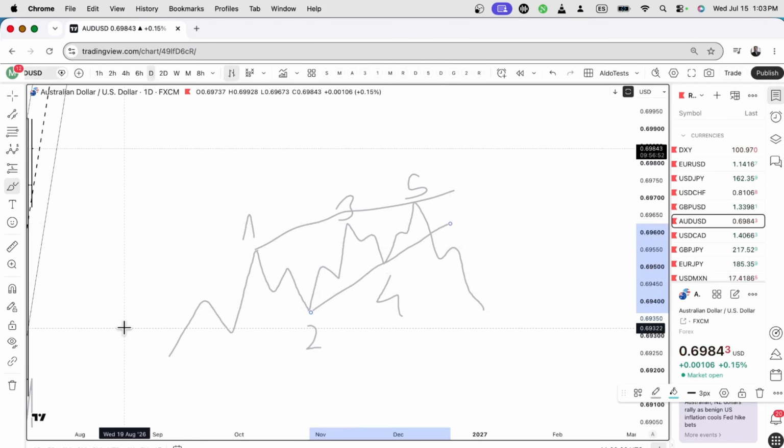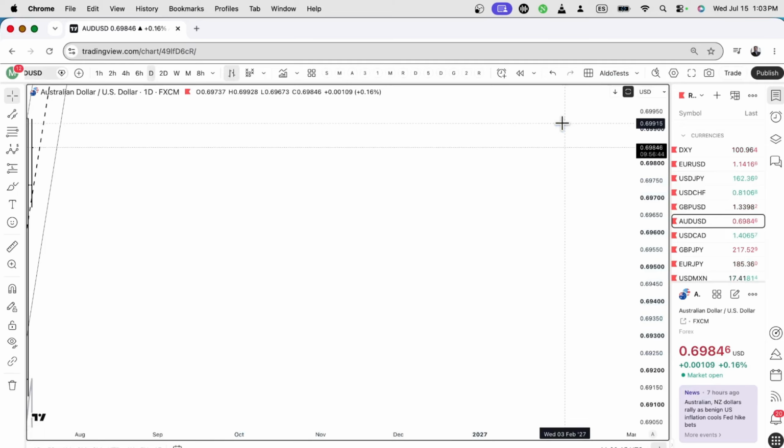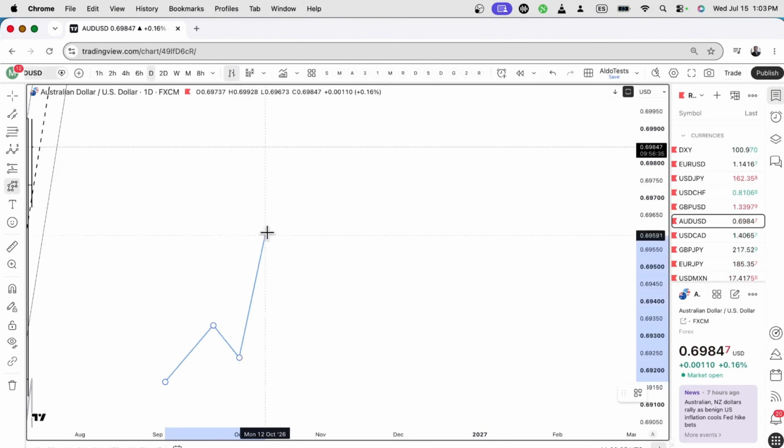And they occur in 2 specific locations. Sometimes they occur at the end of an impulse wave, let's say like that, 1, 2, 3, 4, and then at the end we have a diagonal.